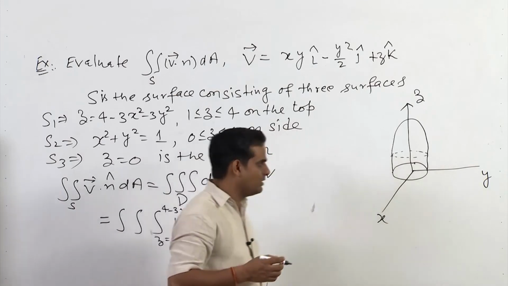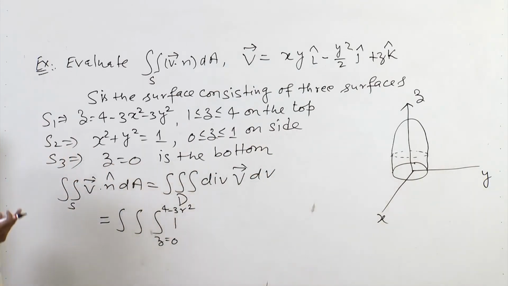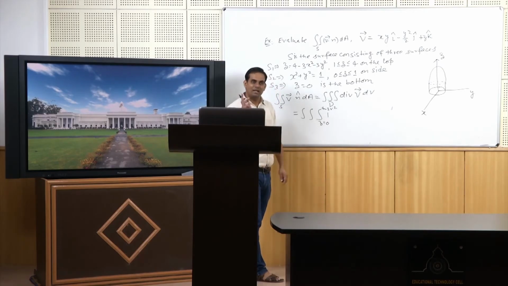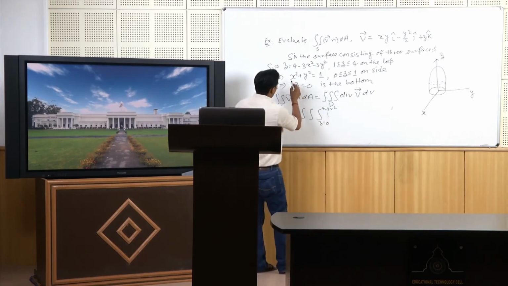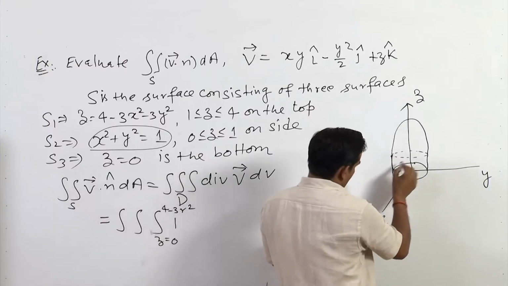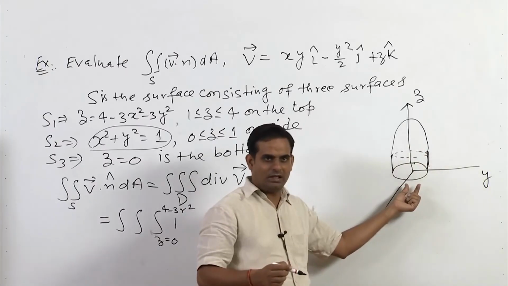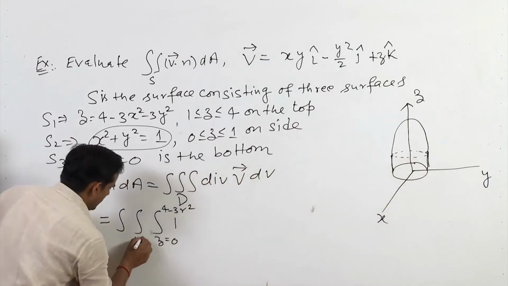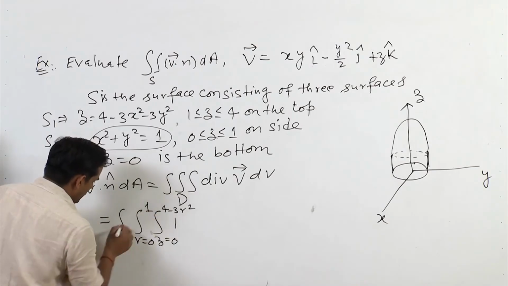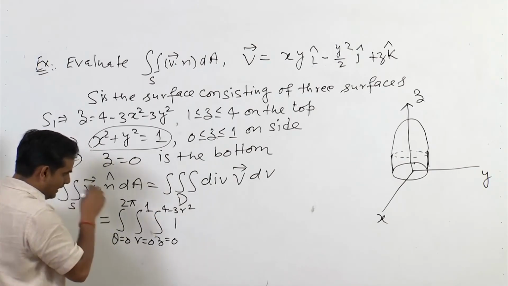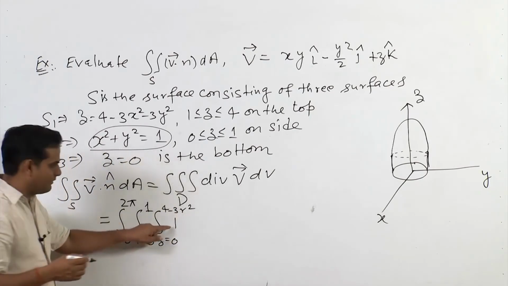So, what will be the projection? It will be a circle of radius 1. See this cylinder. So, this is the side surface. So, this will project as a circle of radius 1. So, r will be 0 to 1 and theta will be 0 to 2 pi, and then divergence V is 1.